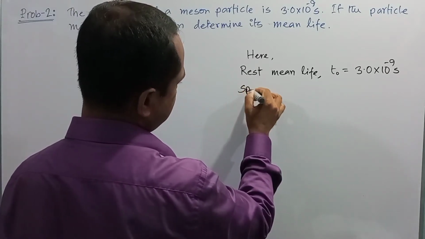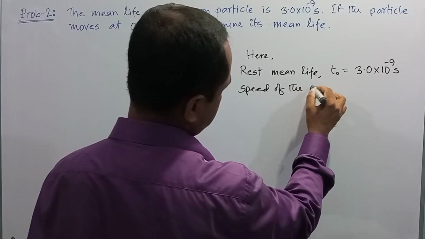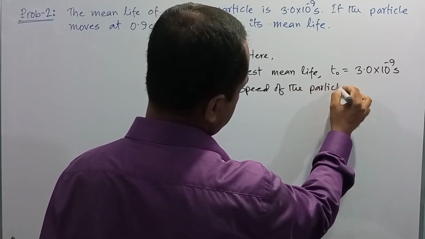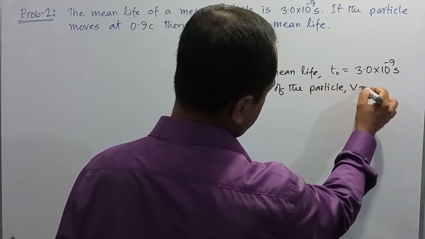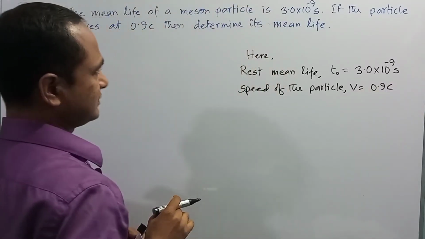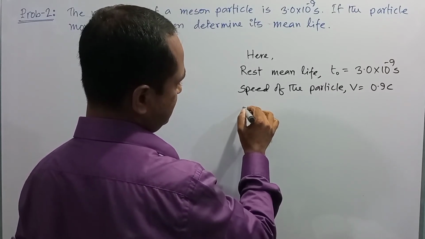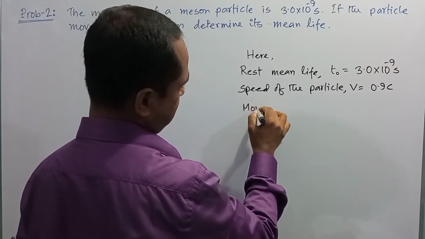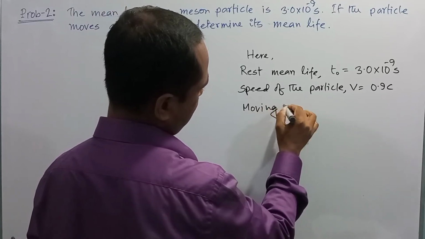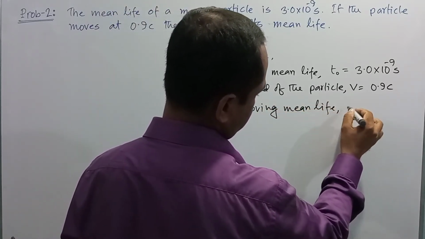Speed of the particle V is equal to 0.9 c. So we need to determine the moving mean life.